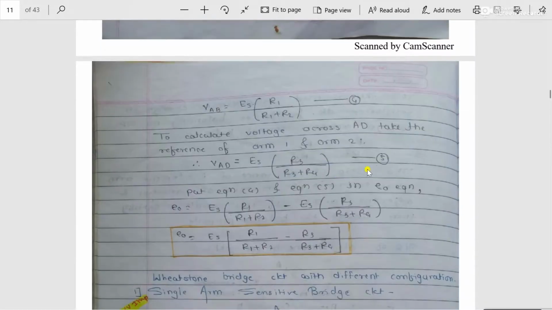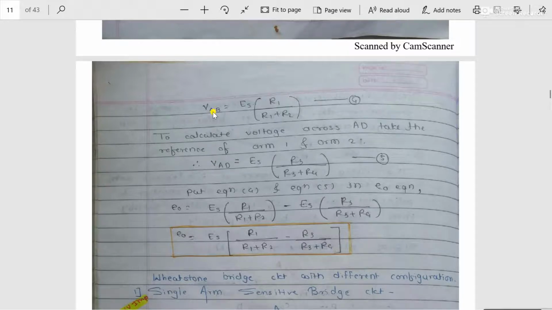And if you go through the equation number 5, that is V of AD is equal to ES in bracket R3 upon R3 plus R4. That means this equation number 4 is applicable to the left side of the circuit or the left side of that point A and C, and this particular V of AD is applicable for the right side of the circuit or the right side of this particular point A and C.